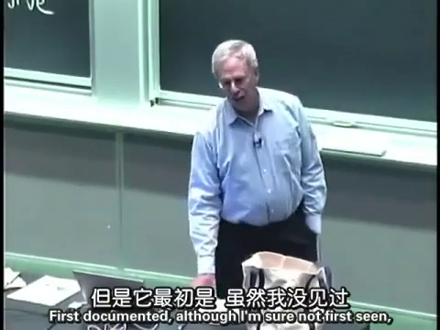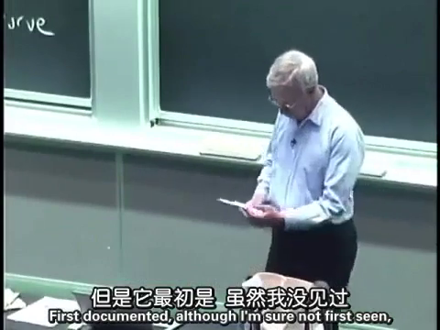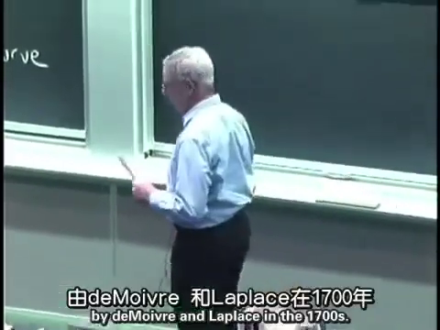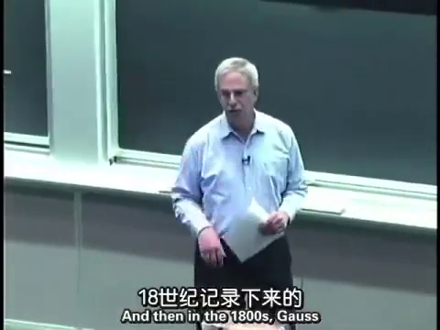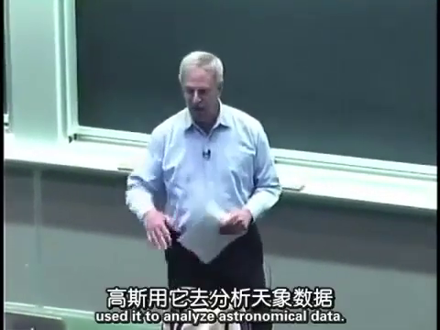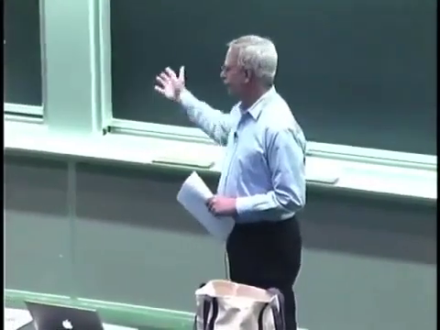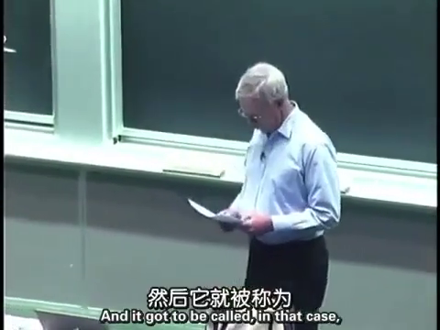First documented, though I'm sure not first seen, by De Moivre and Laplace in the 1700s. And then in the 1800s, Gauss used it to analyze astronomical data. And it got to be called, in that case, the Gaussian distribution.